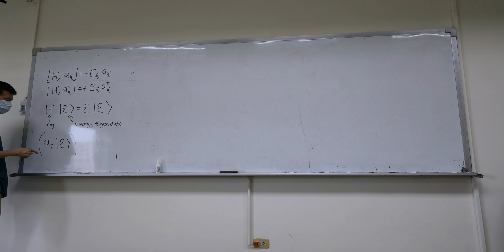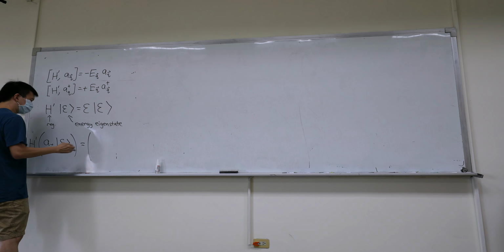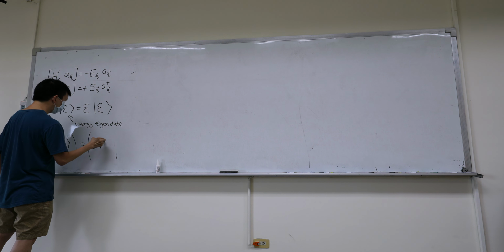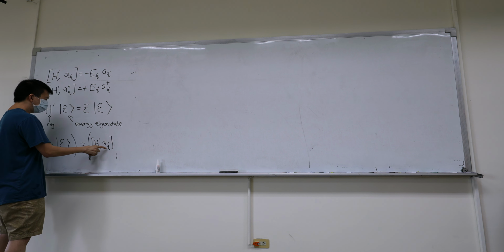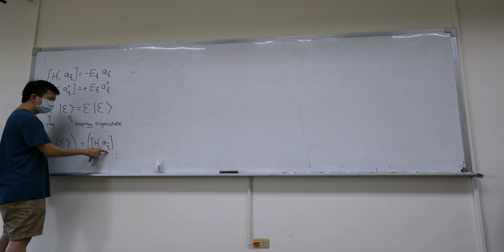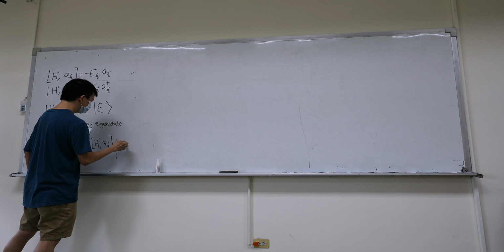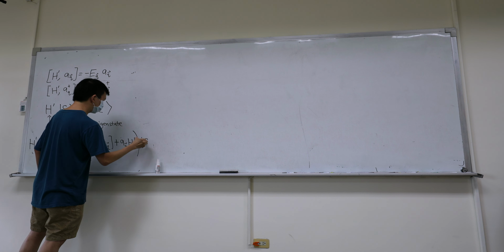So if I give you one, I can generate others. So let's see how that works. I'm going to apply H prime to this guy, and again I'm going to use the trick that I can work out the commutator. I can write it as a commutator of H prime with a_q. There's H a_q minus a_q H prime, so I better subtract out the a_q H prime term acting on the energy eigenket.